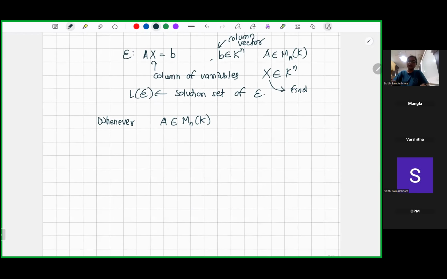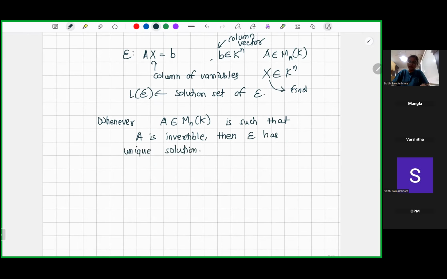Whenever A in MnK is such that the determinant of A is nonzero, that is, A is invertible, then epsilon has a unique solution.